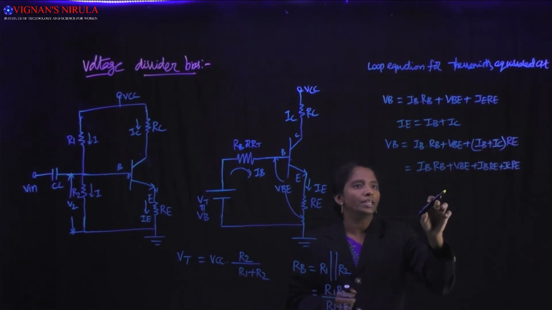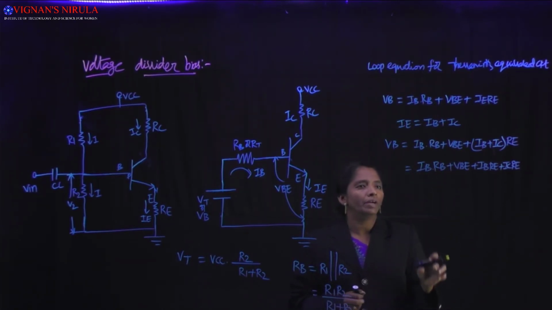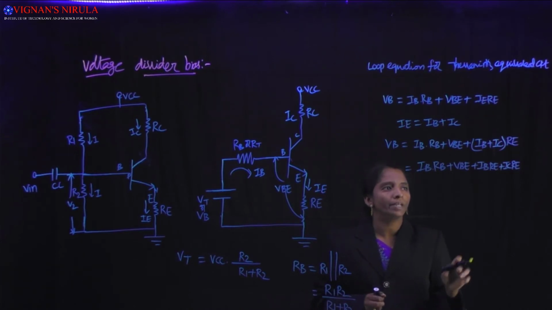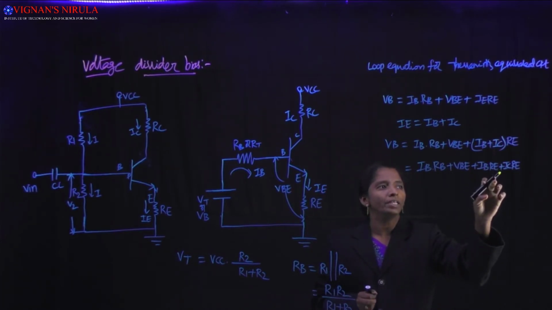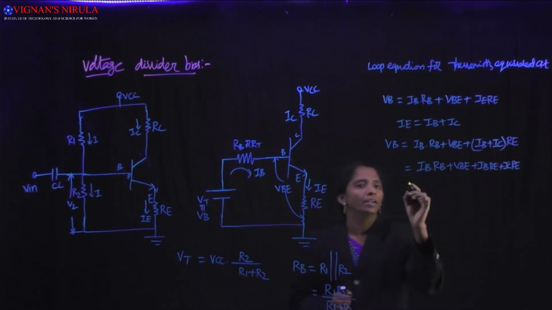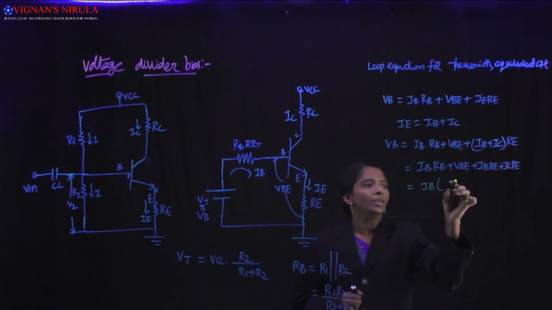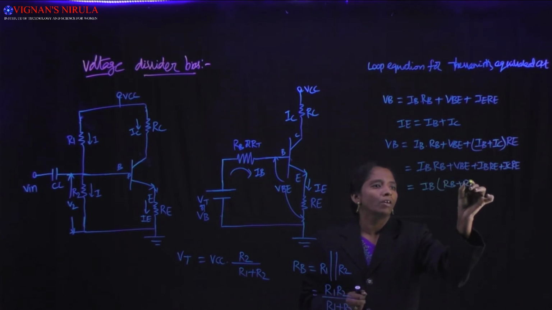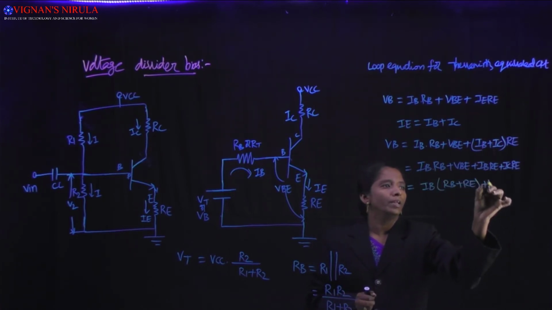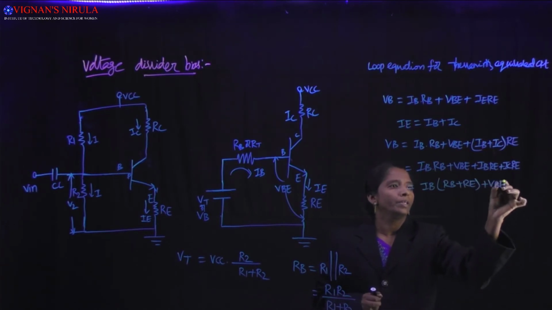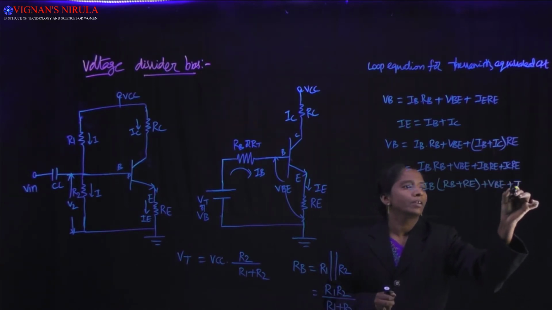Now rewrite the equation: VB equal to IB into RB plus VBE plus IB into RE plus IC into RE. Now take IB common, then we get IB into RB plus RE, plus VBE, plus IC into RE.